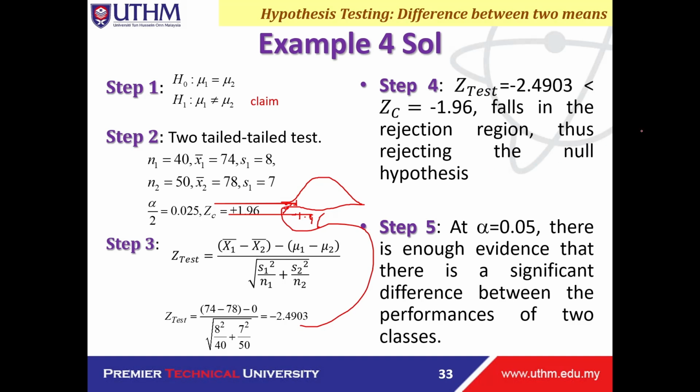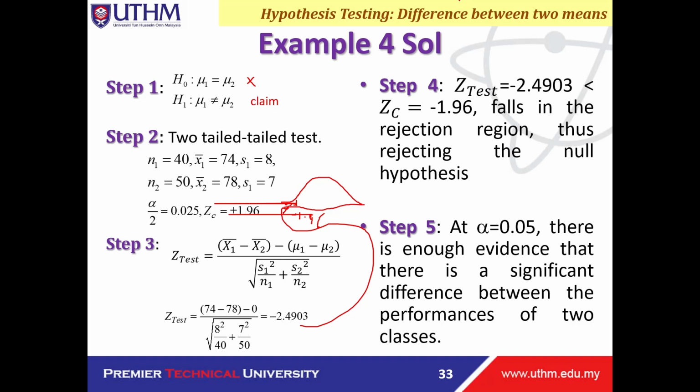That's why we reject the null hypothesis. Then step 5 is making the conclusion. Hence at alpha equal to 0.05, there is enough evidence that there is a significant difference between the performance of the two classes, because we reject the null hypothesis.